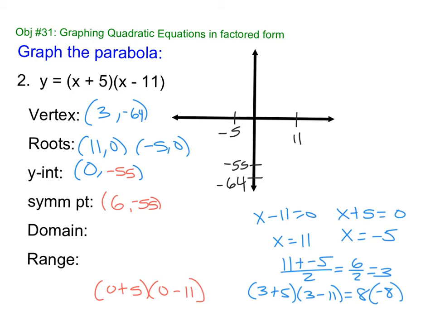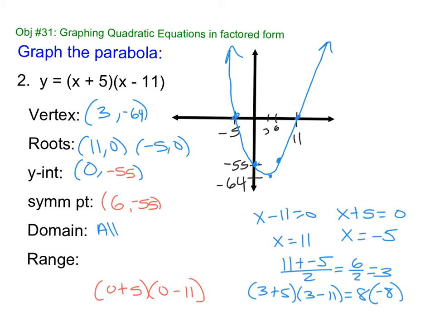Let's see, 6 is going to be around there. We're not going to be perfect, but... Oh wait, I need 3 also. All right, so 3, negative 64. So there's my parabola.